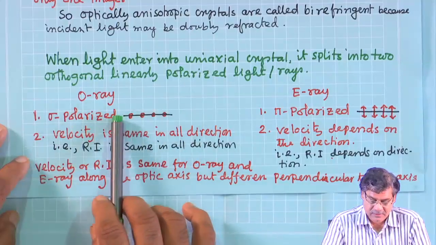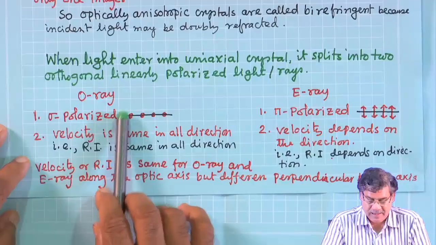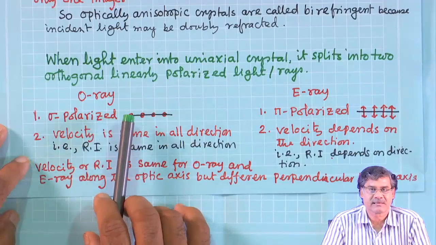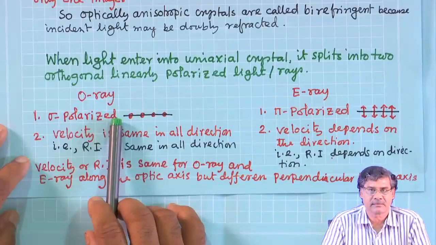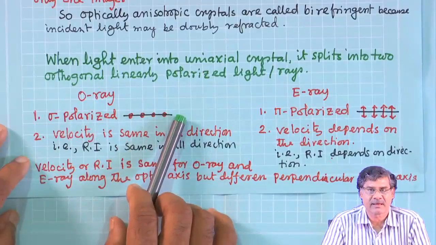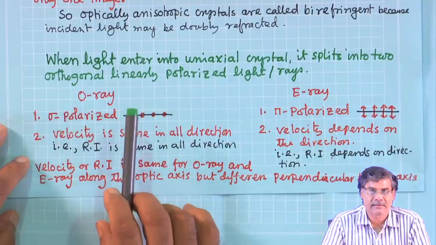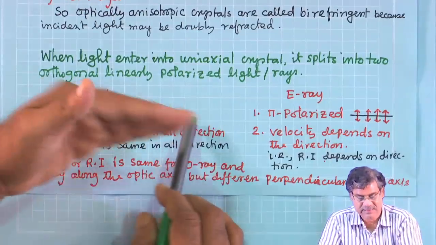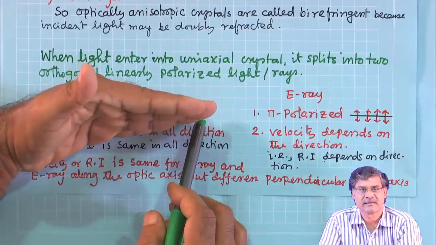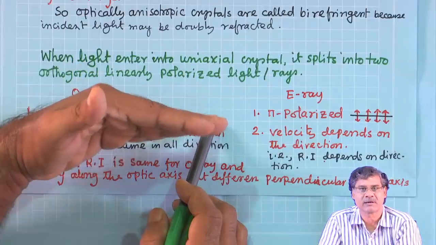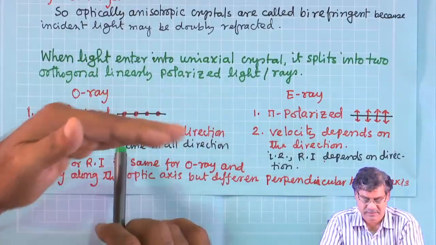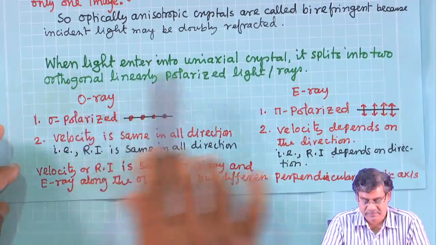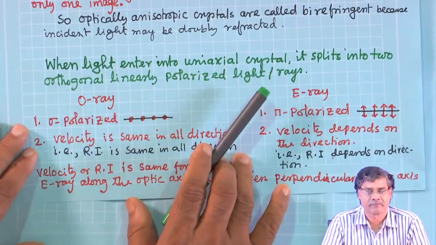So, now the plane of polarization means the plane that contains the direction of light and the electric field vector. Okay. So, in this case, this plane is perpendicular to the plane of this paper. Okay.